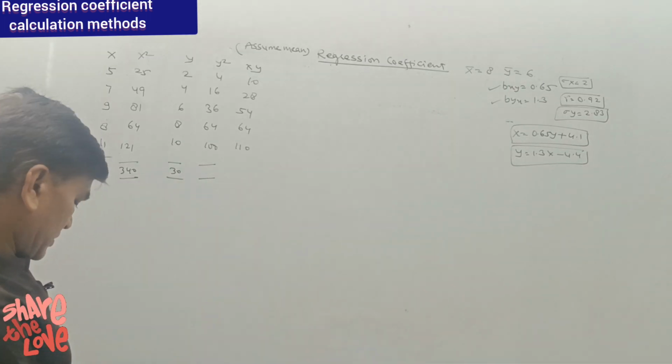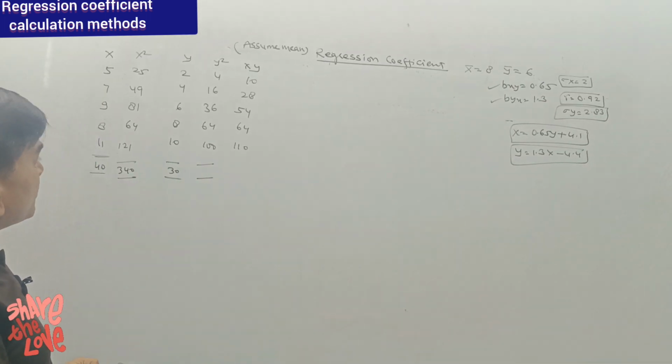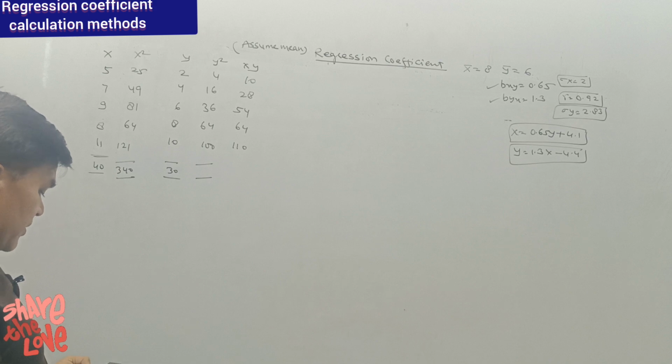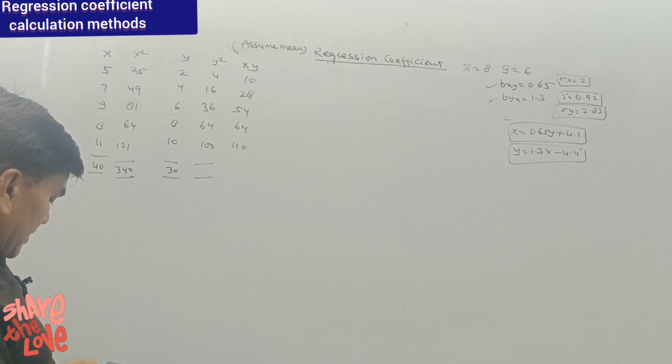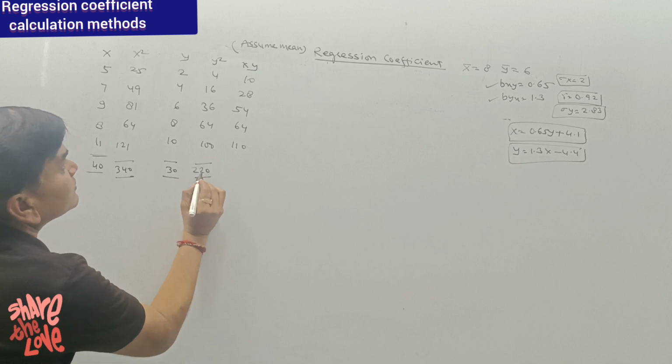Now 2 multiply 2, that is 4, 4 multiply 4, that is 16, 6 multiply 6 is 36, 8 multiply 8, that is 64, and 10 multiply 10, that is 100, so 220.